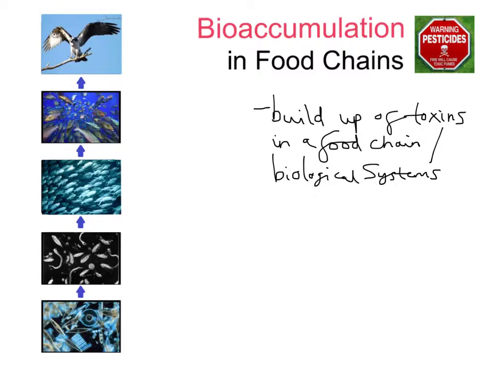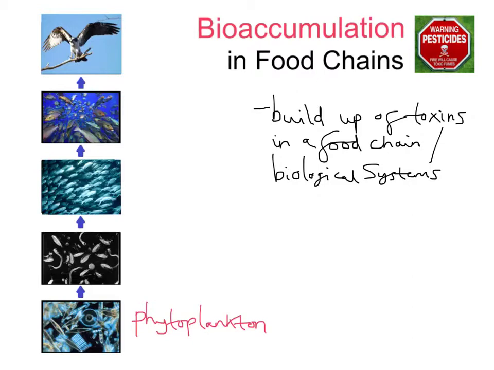So let's start at the bottom of this food chain that I have on the side. This here, at the very bottom, is something called phytoplankton. Now what I'm going to do next to each one is look at the parts per million of DDT in these organisms. So I'm going to use this pesticide DDT as an example of how bioaccumulation happens in a food chain.